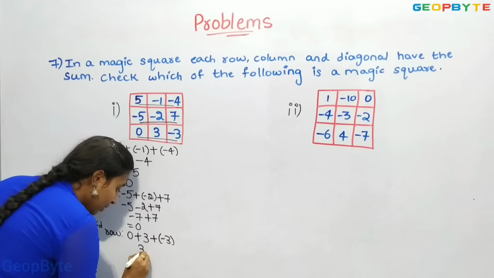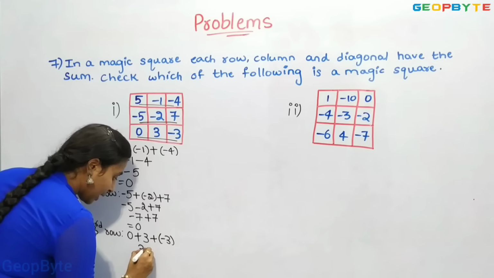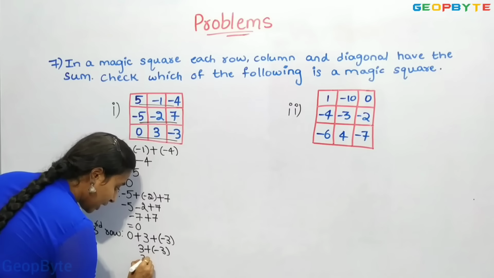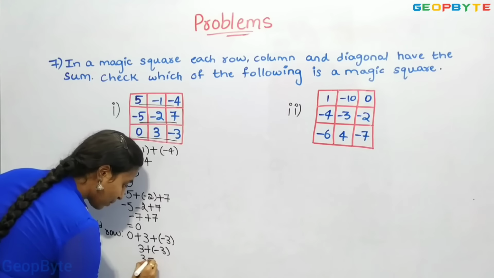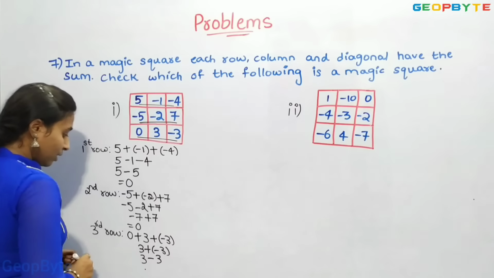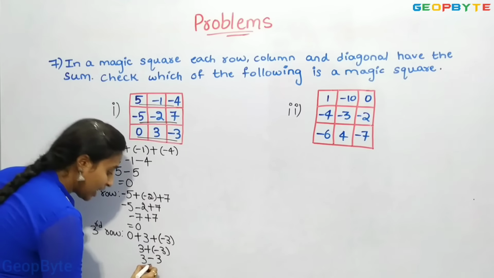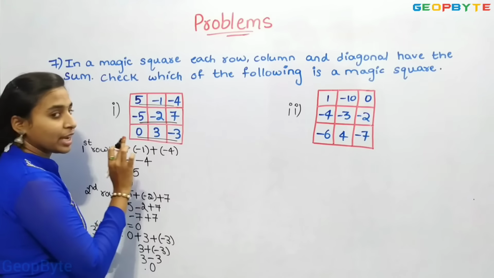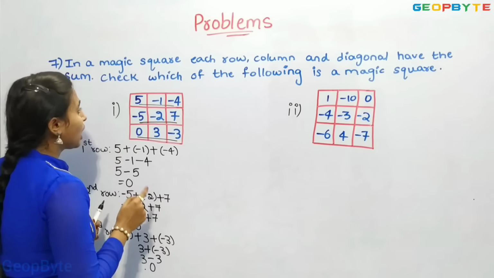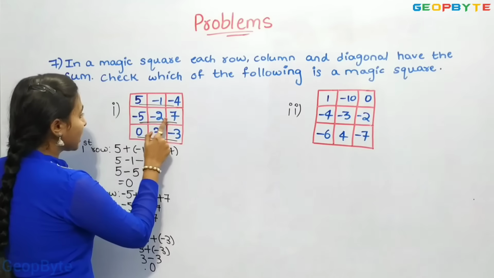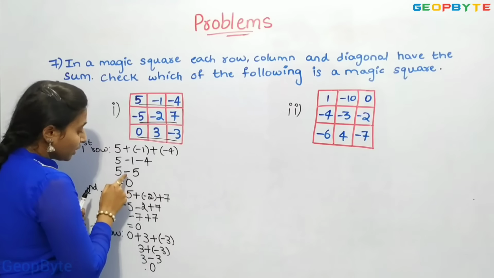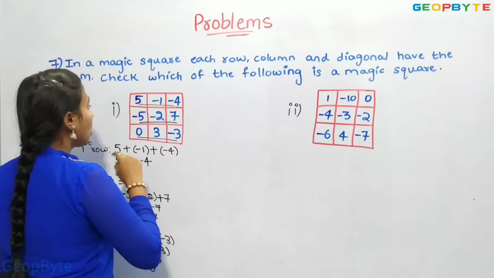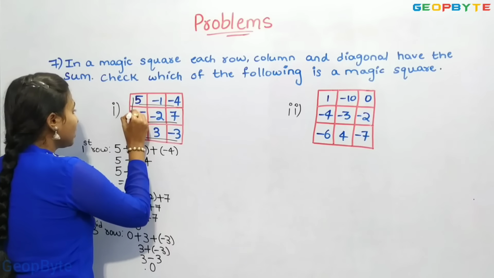We have 3 plus minus 3. 3 plus into minus, minus 3. 3 minus 3, 0. So, this row also became 0. If you observe, first row, second row, third row, 3 rows became 0. Now, let us check with columns. Let us take the first column.